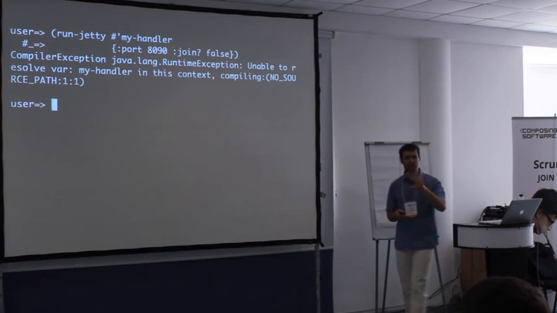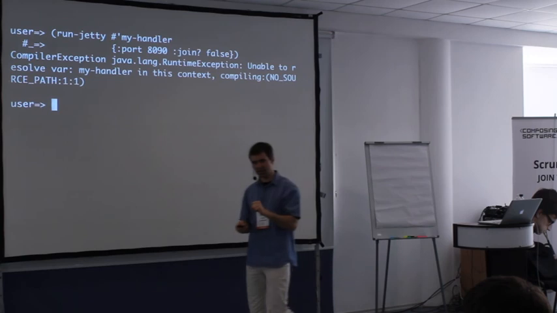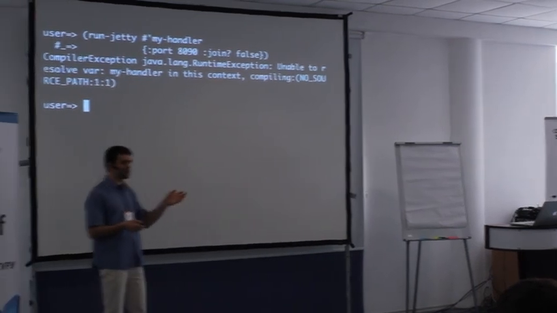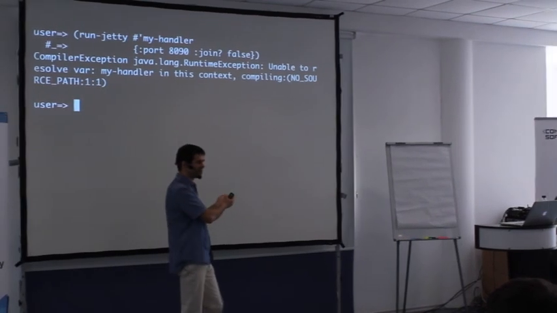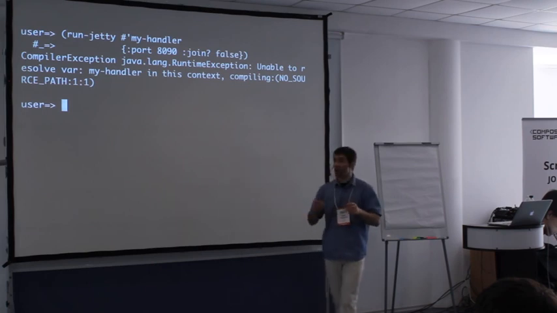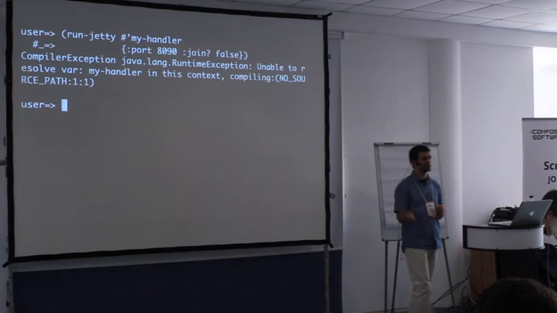Ring is an abstraction above the HTTP layer. So whenever we play with ring, we expect as an input parameter a map, and we give a response in the form of a map. So our my-handler should be a function that accepts a map and returns a map.